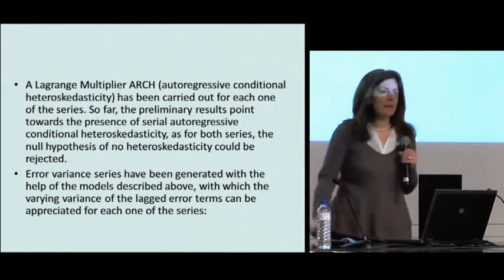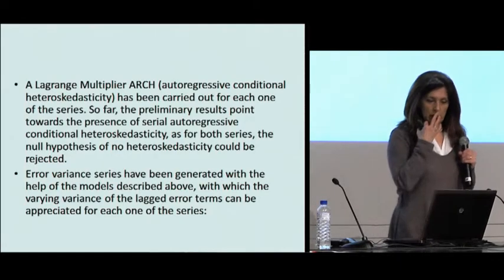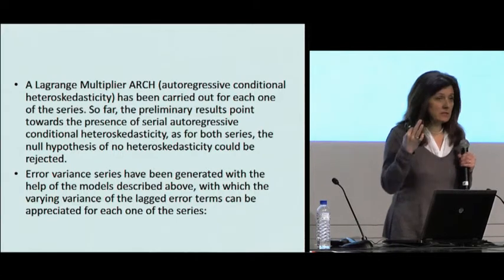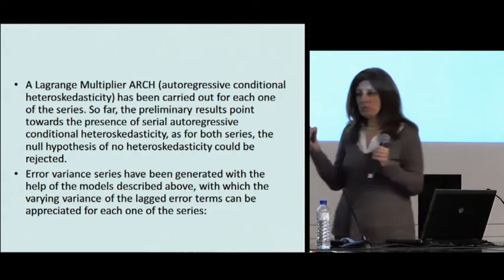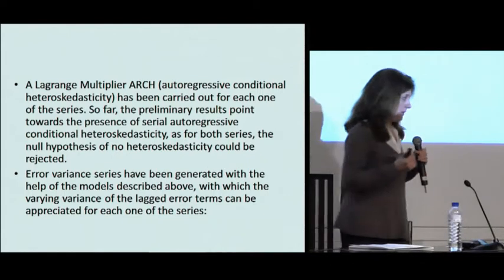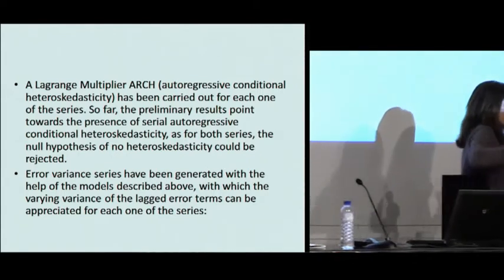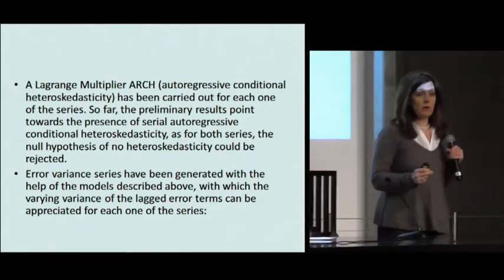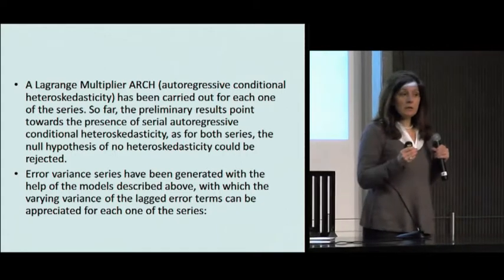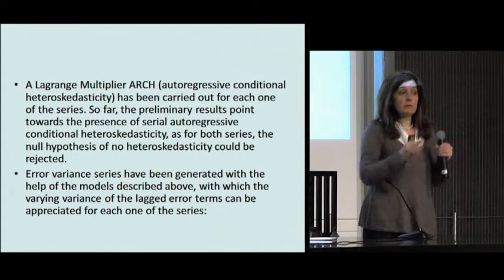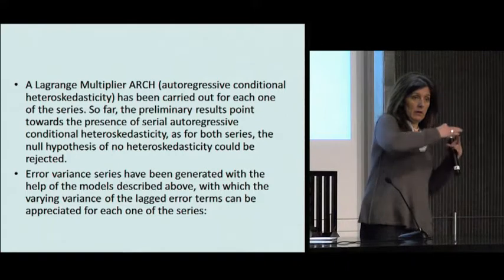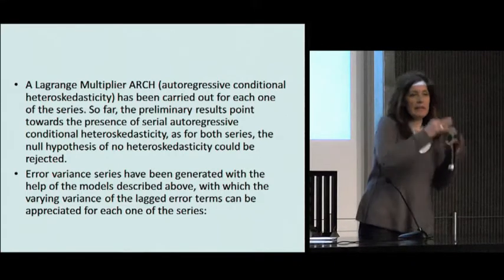Then what I did was take a Lagrange multiplier test and test whether that volatility was determined just by the individual observations or if there was a link between the volatility observed in a previous period and a later period.